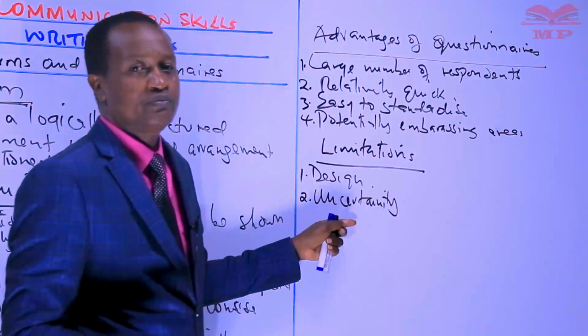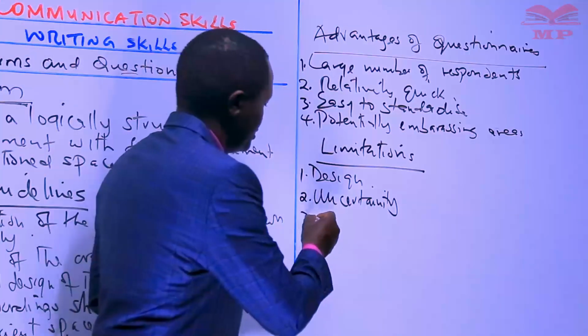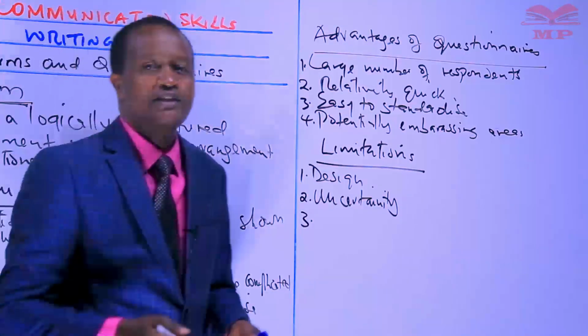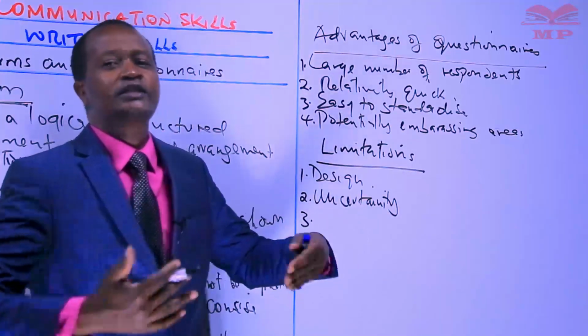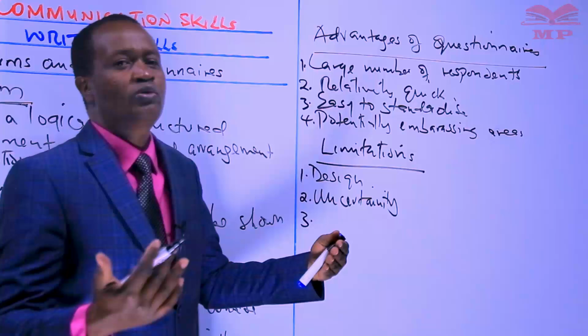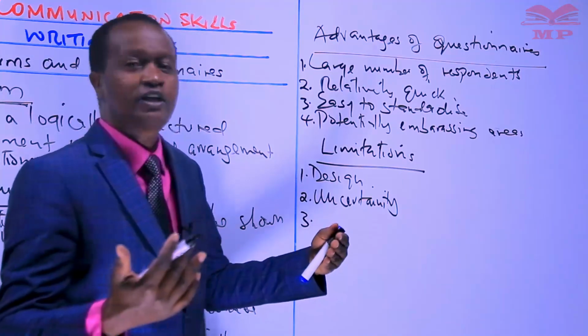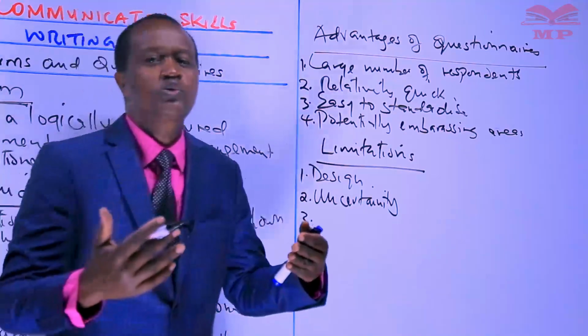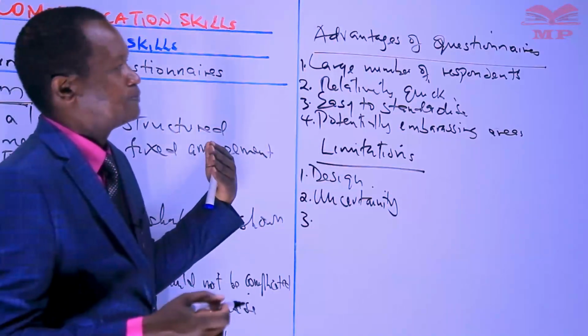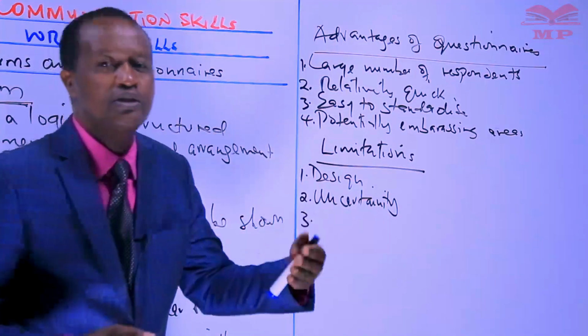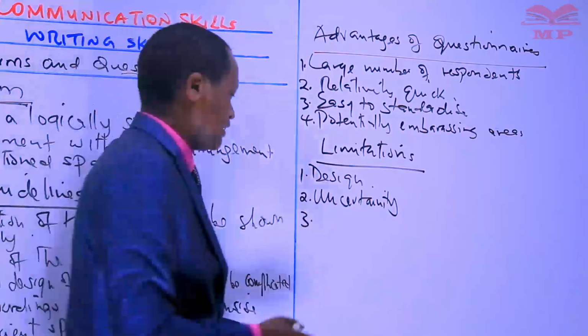So there is uncertainty as to whether the one who is targeted is the one who provides the information. The third disadvantage of using questionnaires is that where the researcher is not present, it's always difficult to know whether or not the respondent understood a question properly.